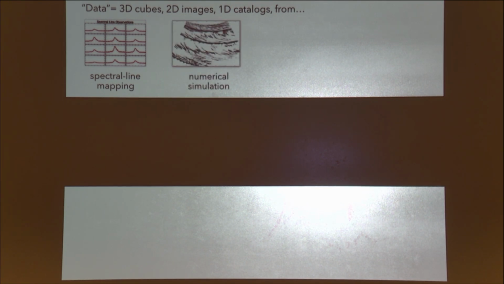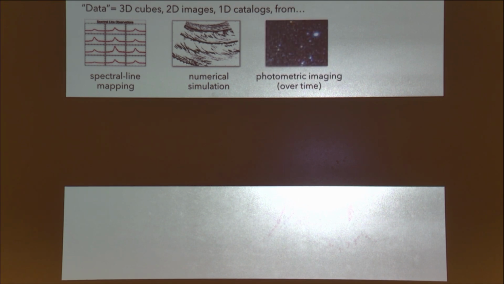And then also, I've listed numerical simulation under data, because the way in which we're using numerical simulation is to make synthetic observations of them. So we're considering them data in our analysis. Not necessarily fully reliable data, but data. Okay. And then standard imaging, very deep imaging, and imaging over time, like what happens with Gaia, is also critical.